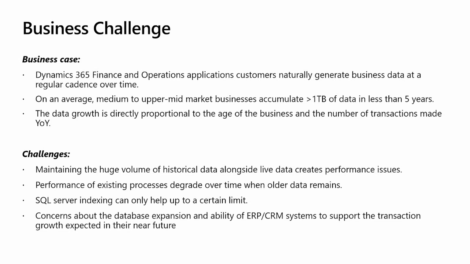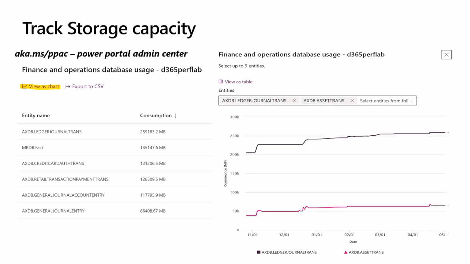For any given mid-market size customer in D365 Finance and Operations, what we see is that its data size easily crosses 1 TB in 5 years. For some customers, it hits that limit of beyond 1 TB in just a few years.